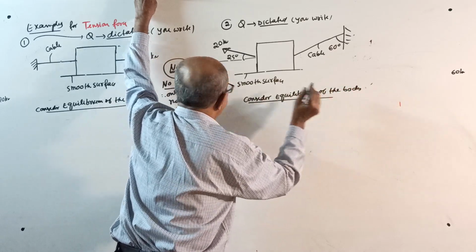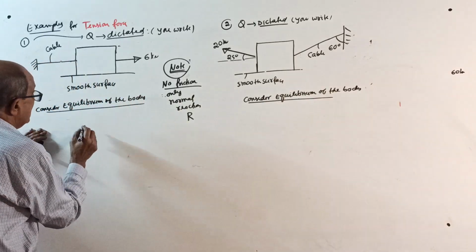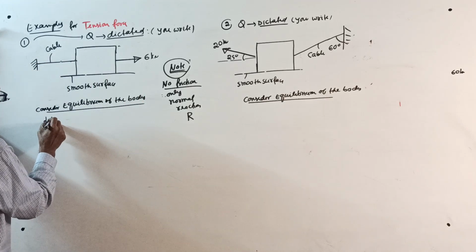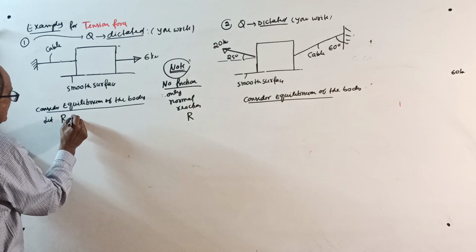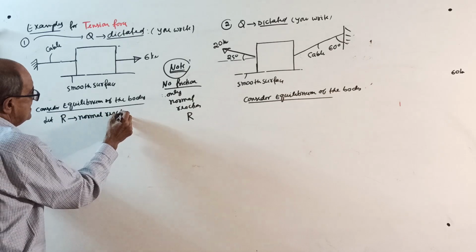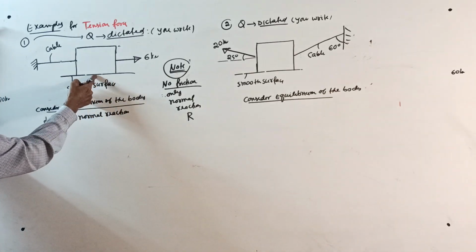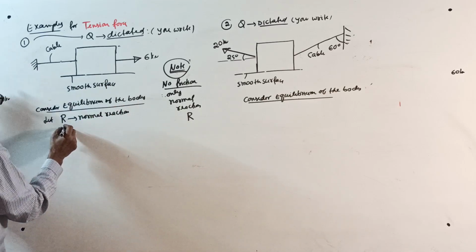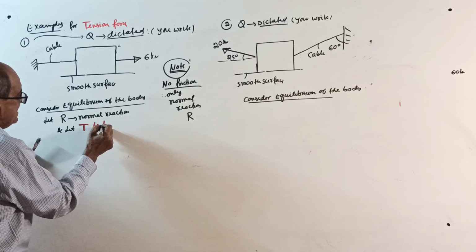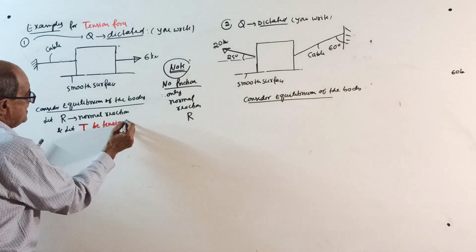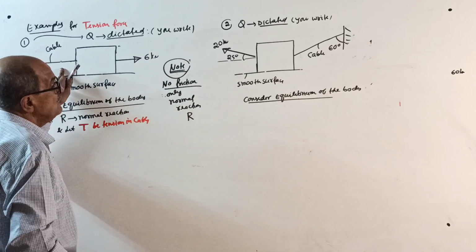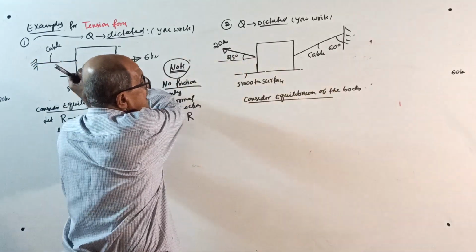Let R be the normal reaction at the contact surface, and let T be the tension in the cable. Anybody can make out: when you pull this way, this cable will be in tension. Here also, when you pull this way, the cable is in tension.